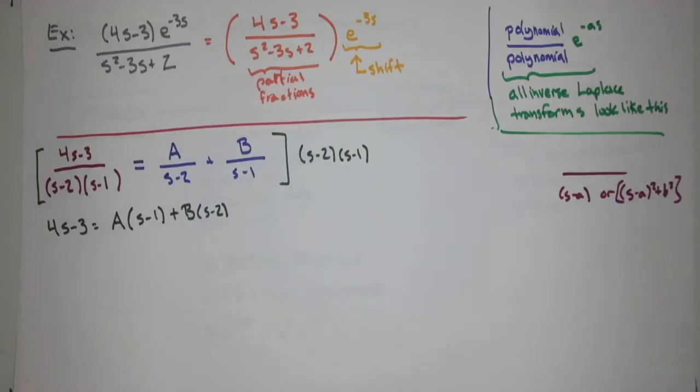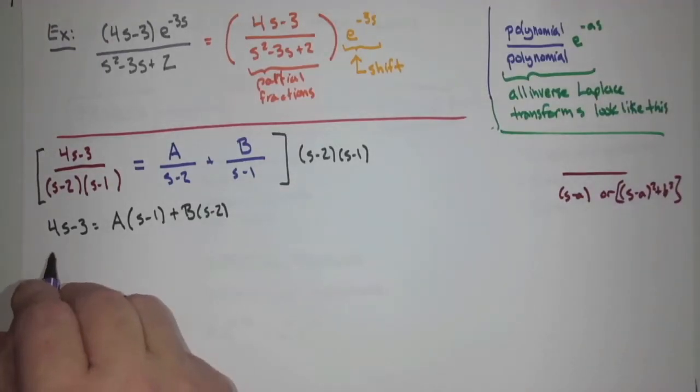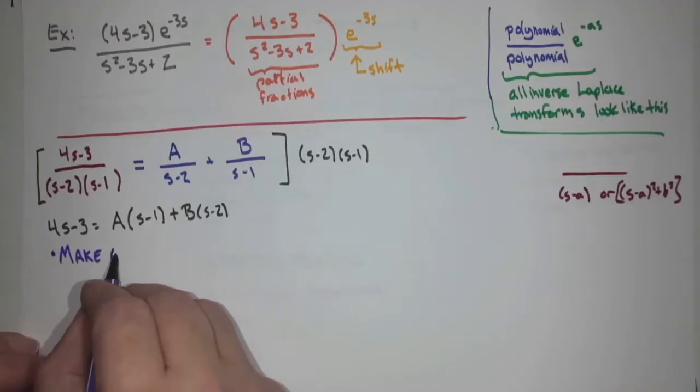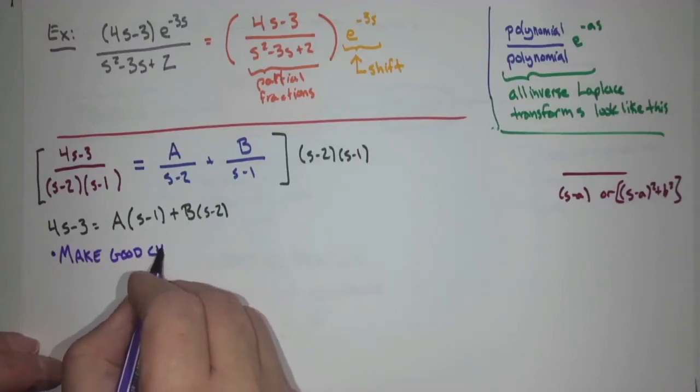So what are some ways we can solve for A and B? Pick an S that makes things cancel out. All right. So we'll call that making good choices. Yes, Grandma, we will make good choices.